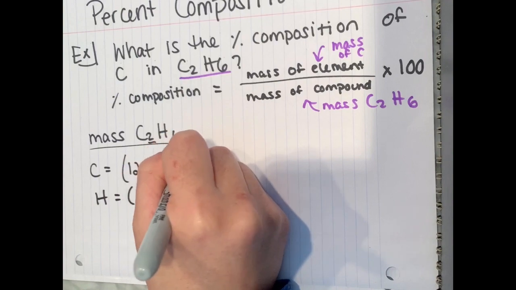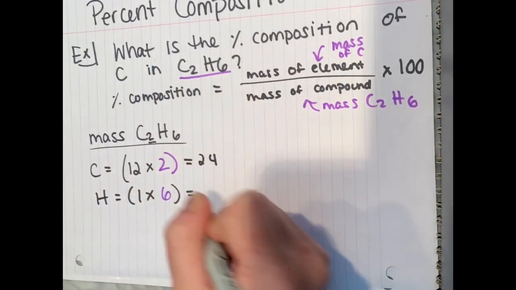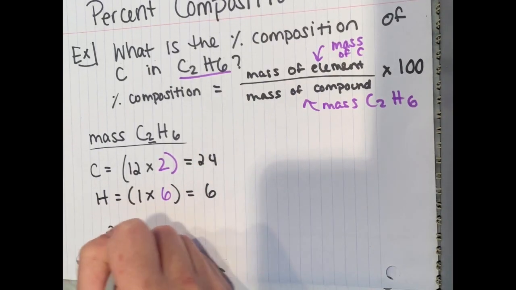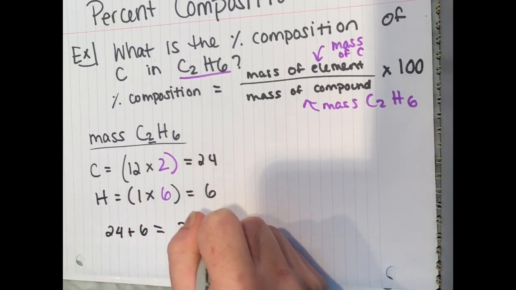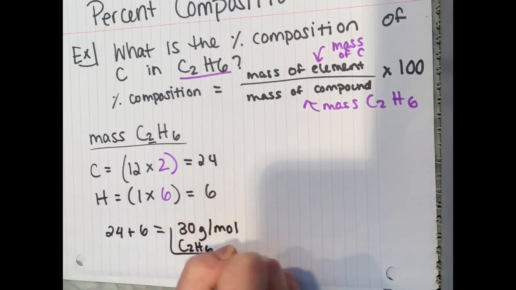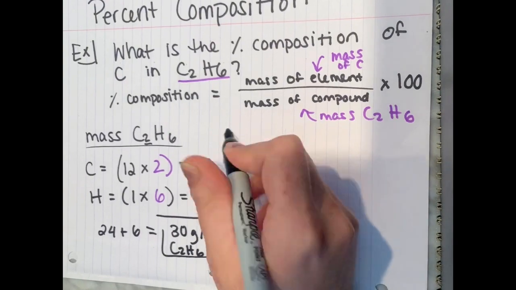So 12 times 2 is 24. 1 times 6 is 6. Then I just have to add these 2 numbers up to get the total mass. So 24 plus 6 equals 30 grams per mole for C2H6. And I know that's what's going to go in my denominator.